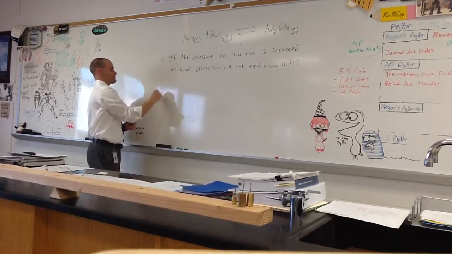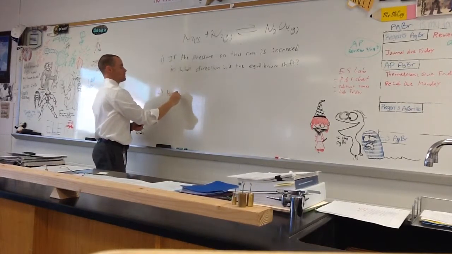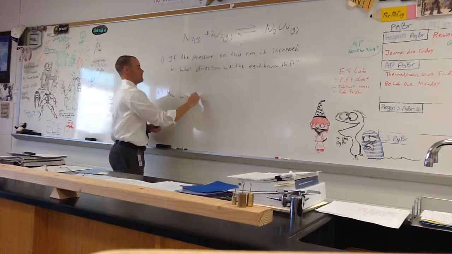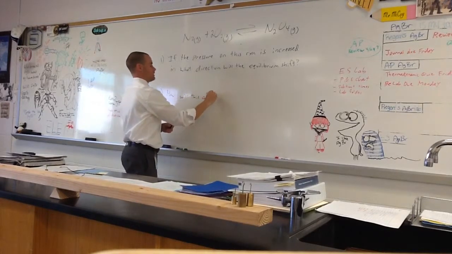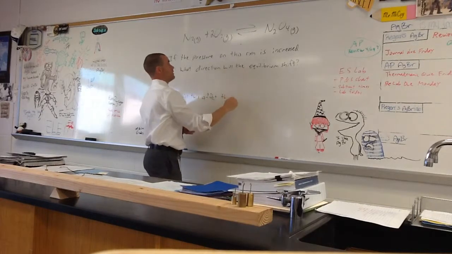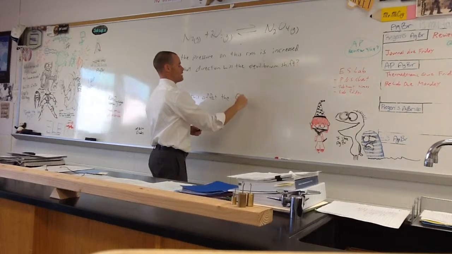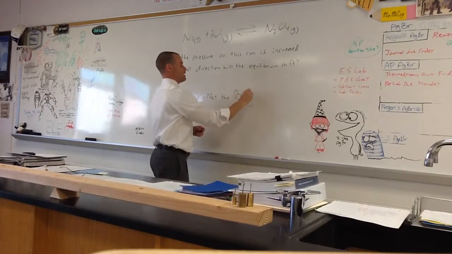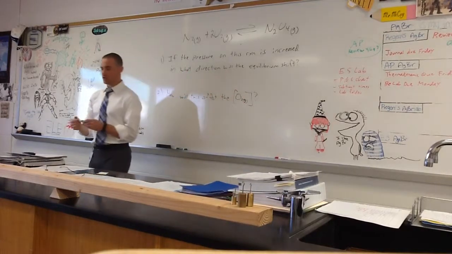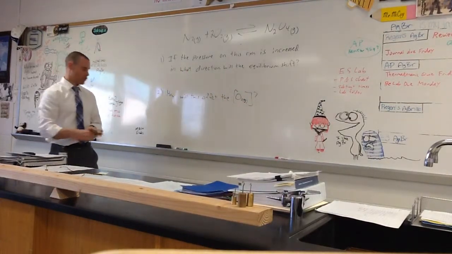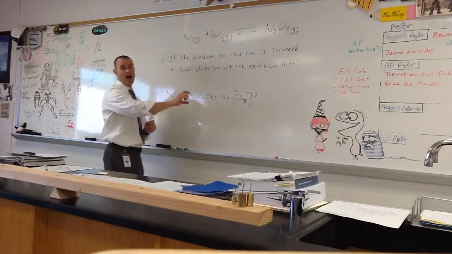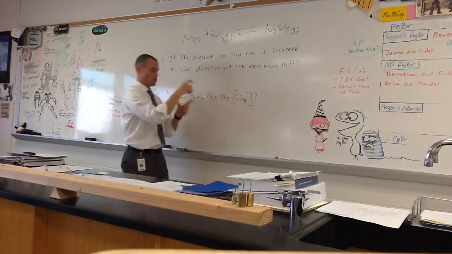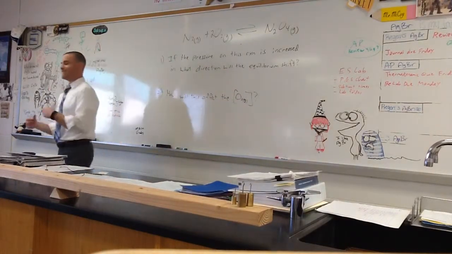Number 2, how will this affect the O2 gas concentration? When I put those brackets around the O2, it stands for the word concentration. So I could write out oxygen concentration or just put the brackets. Brackets means concentration.